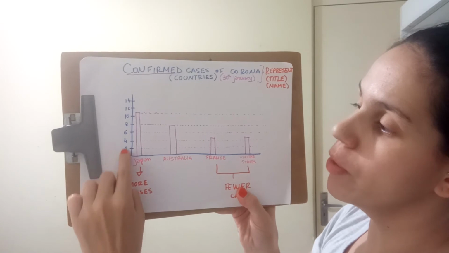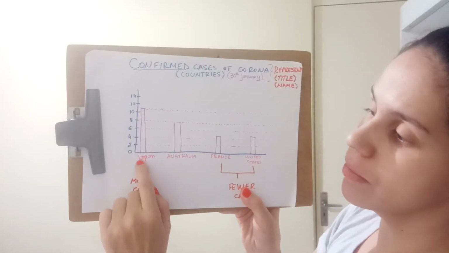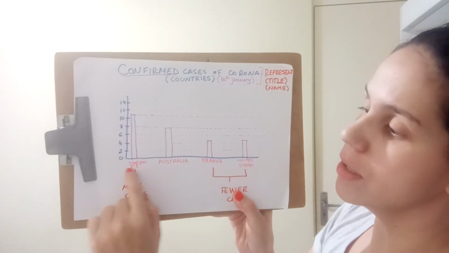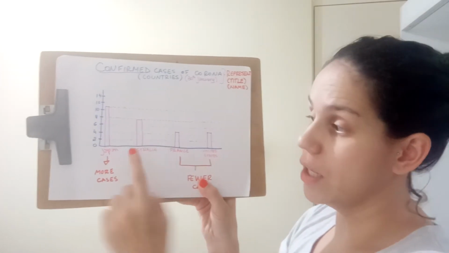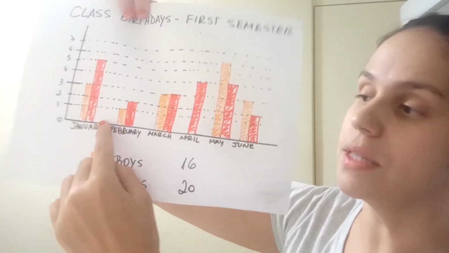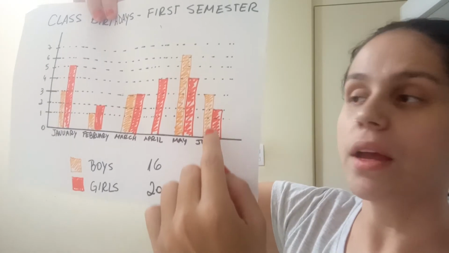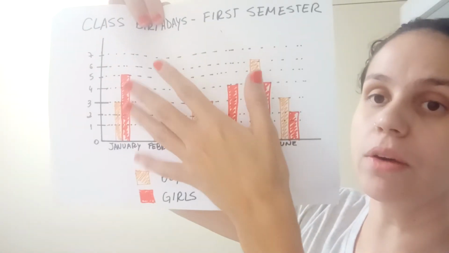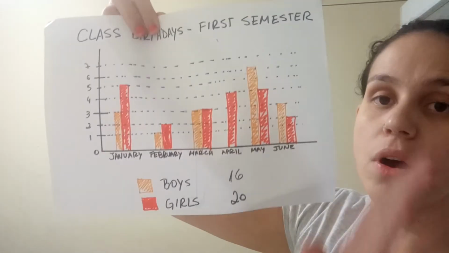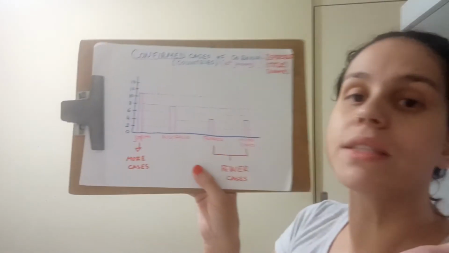And then we put the quantity and the name of the data we are studying. Here is the country. In the other graph is the months, and then we have the quantity. Here we have the quantity in boys and girls. And here we have only the quantity.